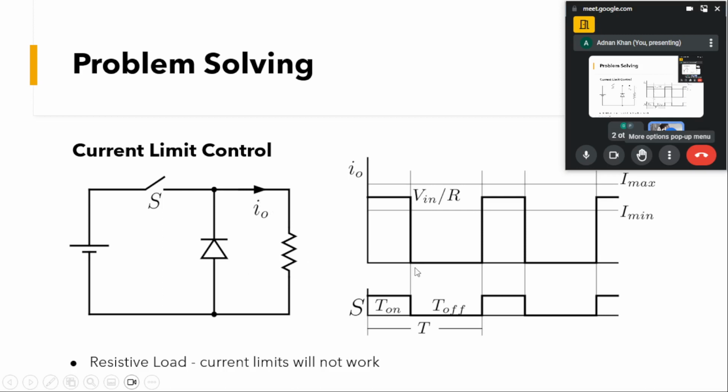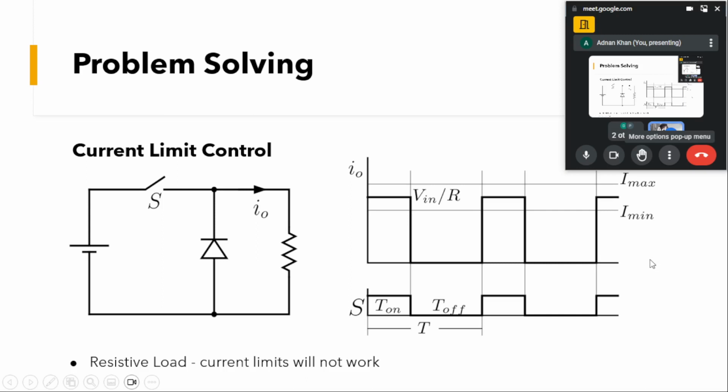If we have turned the switch on and have this current limit control, the current will be constant through the band and it won't touch the upper limit and the lower limit. So our switch will be on for the whole period of time. It won't turn off and on. This means that in the resistive load, this current limit control is not possible. You got that point?